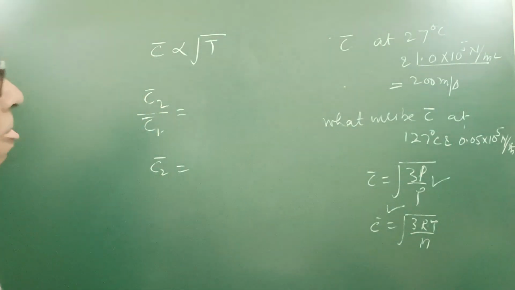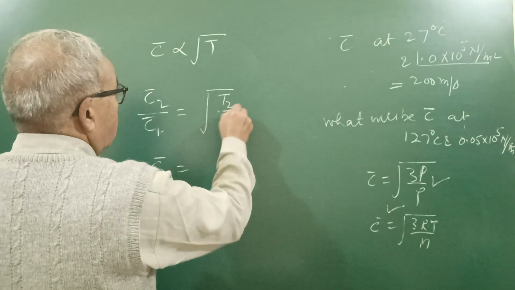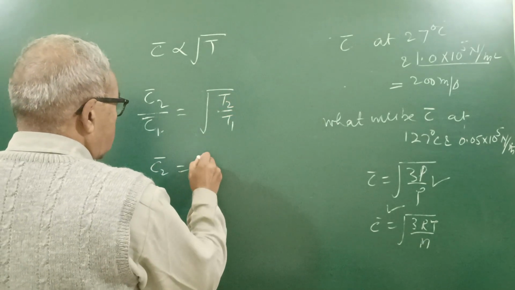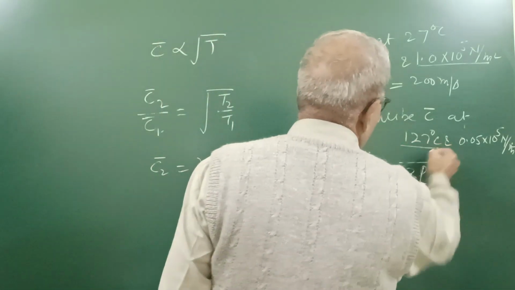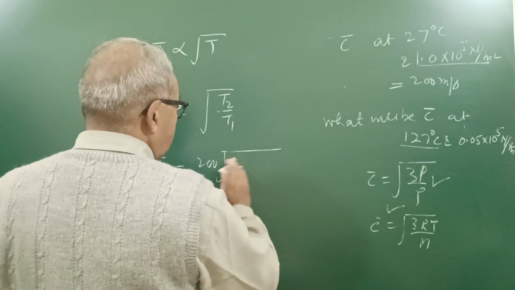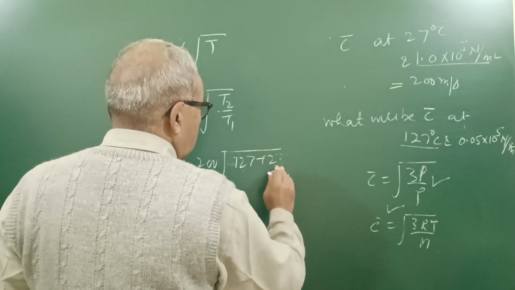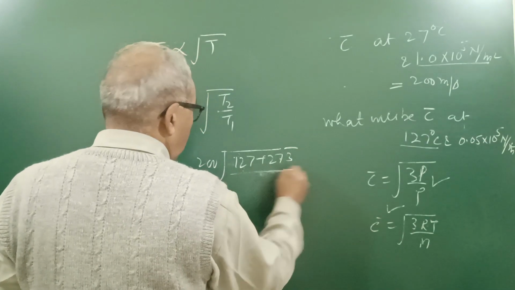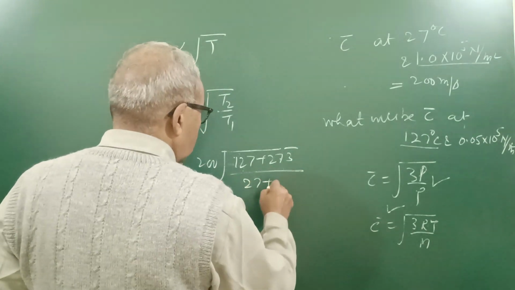Temperatures are under root T2 upon T1. So it is 200 under root. Temperature here is 127 degree centigrade, 127 plus 273, temperature in Kelvin, upon 27 plus 273.